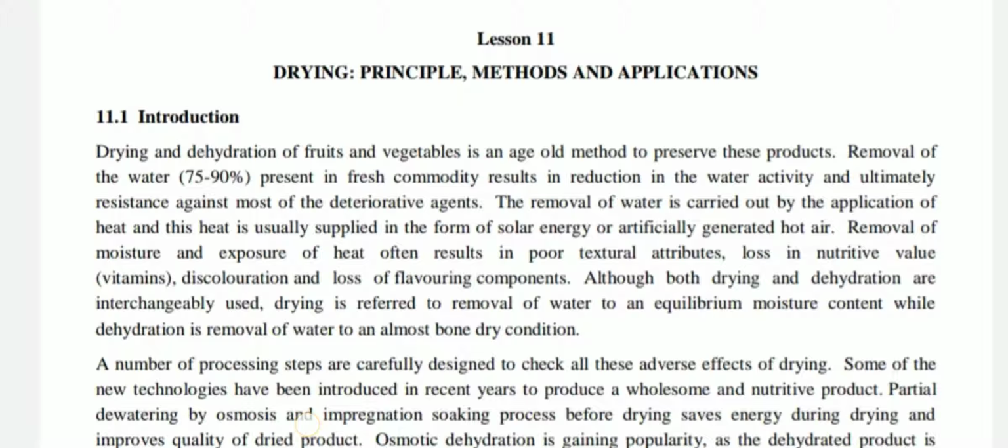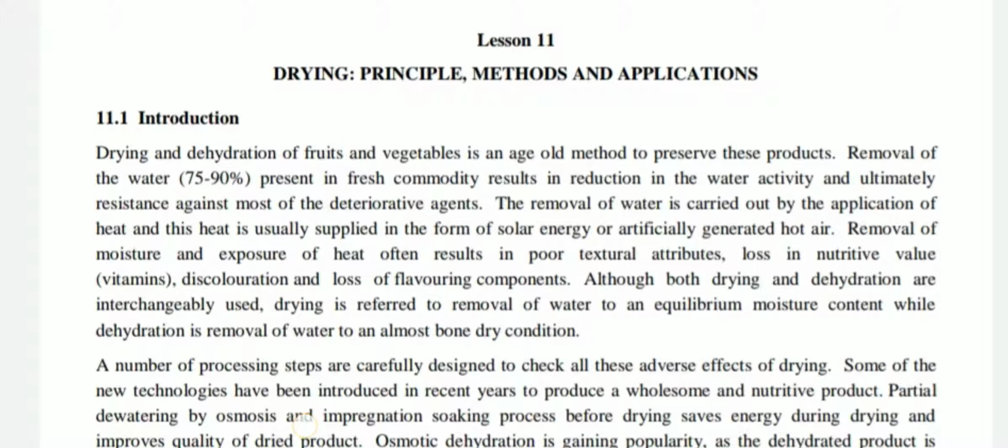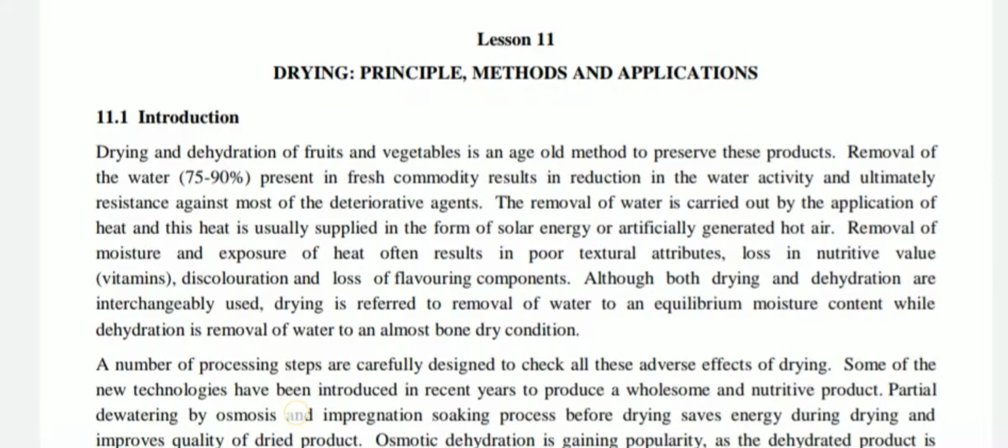So, first is drying and dehydration. Both are same in the technique as they both are removal of moisture. It may be sun drying, then it will not control the external atmosphere, but it will utilize heat to remove the water.